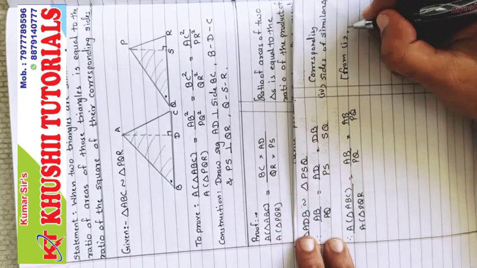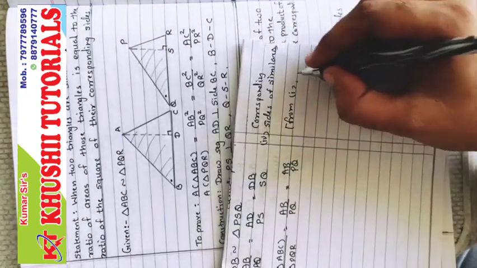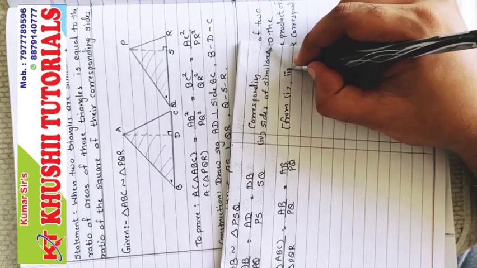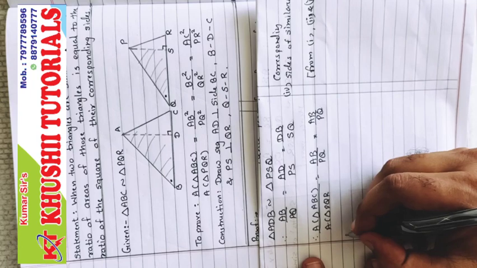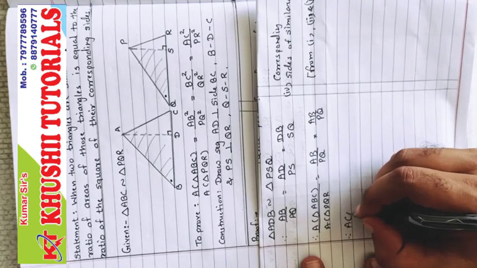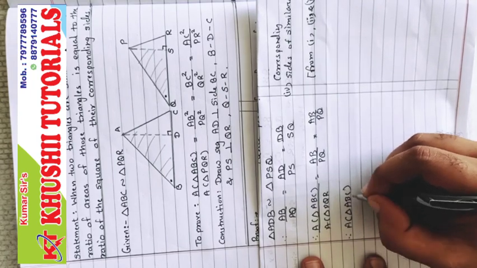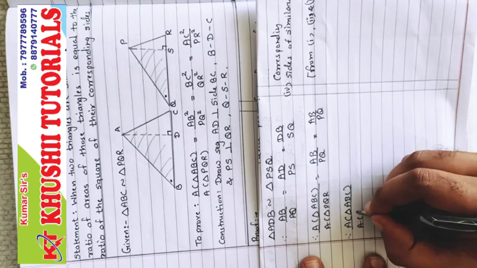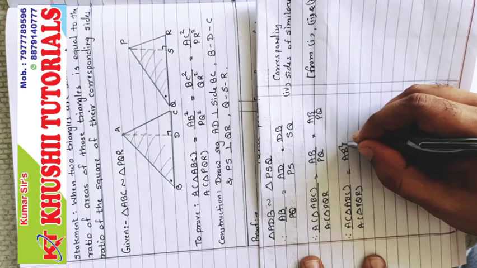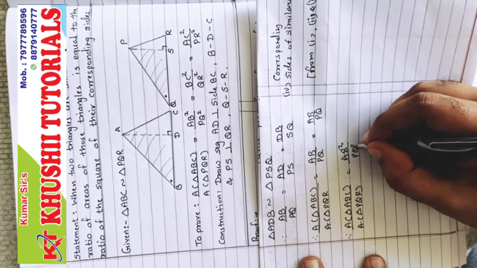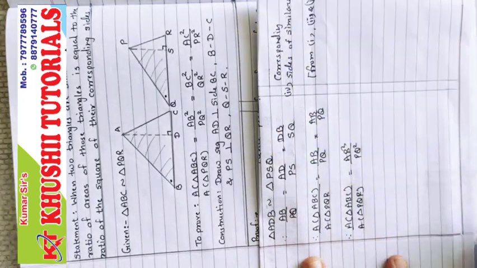That is, area of triangle ABC upon area of triangle PQR equal to AB square upon PQ square. We will mark this as 5.